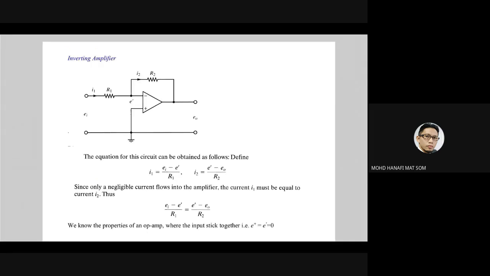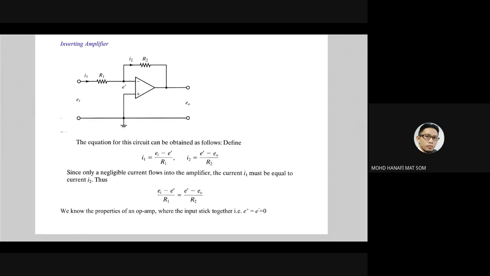All right. The first one is the inverting amplifier. To analyze this active circuit, we need to understand the golden rules for the op amp. The first one is that the current for the ideal op amp must not flow into the op amp.